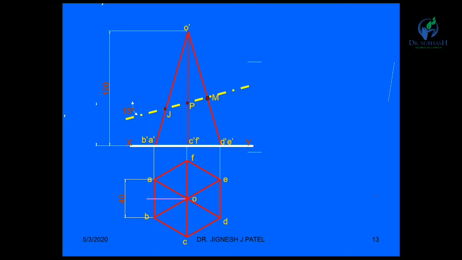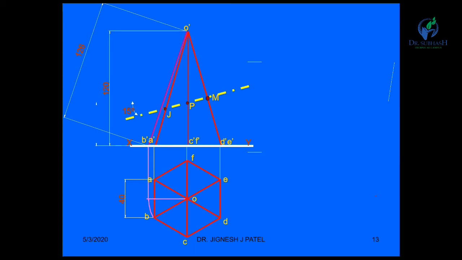Now with O as the center and radius equal to OB, draw an arc. Here you can see. Now from this point project onto the XY line. Now join this point with O dash. You can see this is the true length.